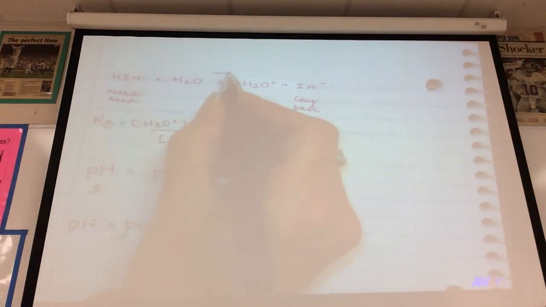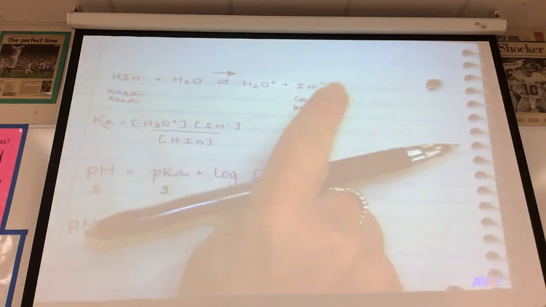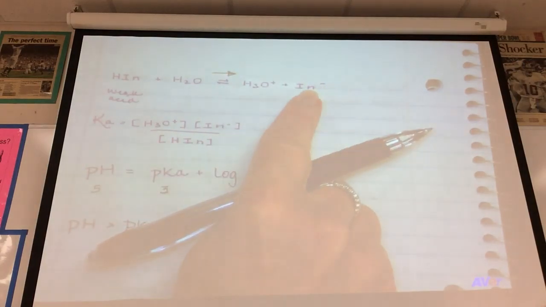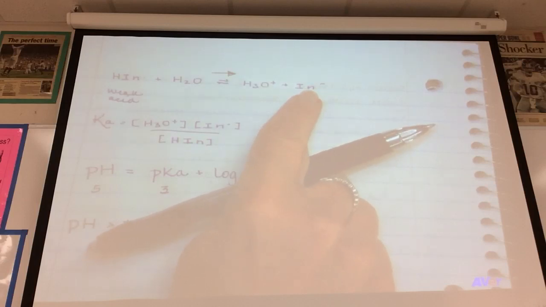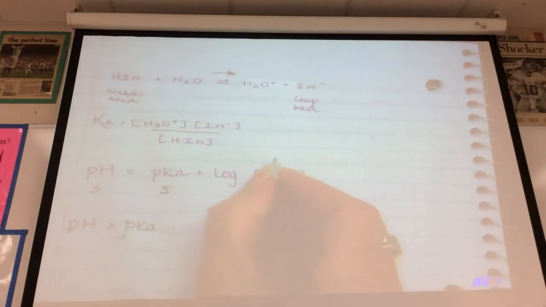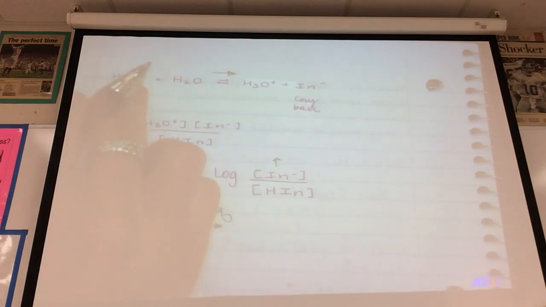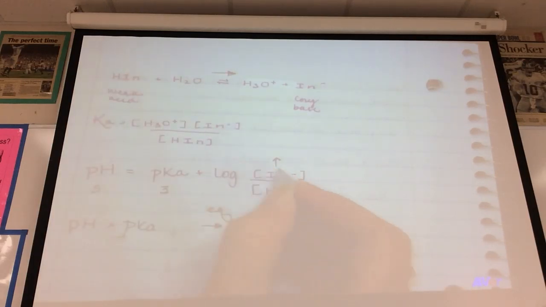When equilibrium shifts in the forward direction, what happens to the concentration of conjugate base indicator? It will increase. And this will decrease with a forward shift. So now you'll increase this amount, getting them closer to equal.